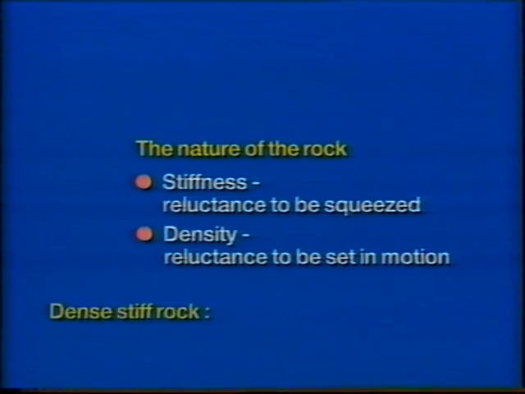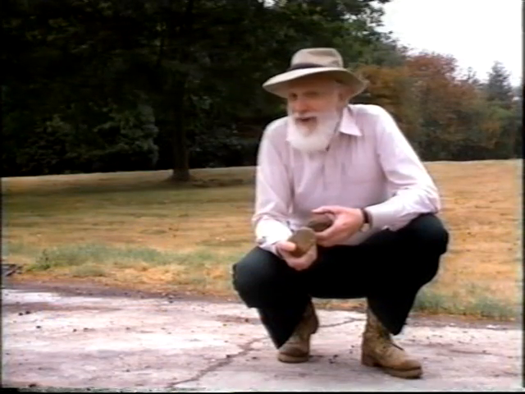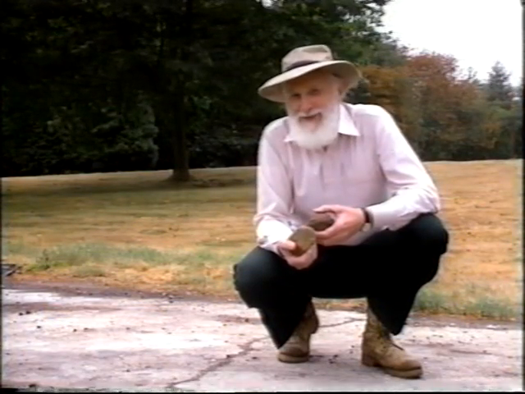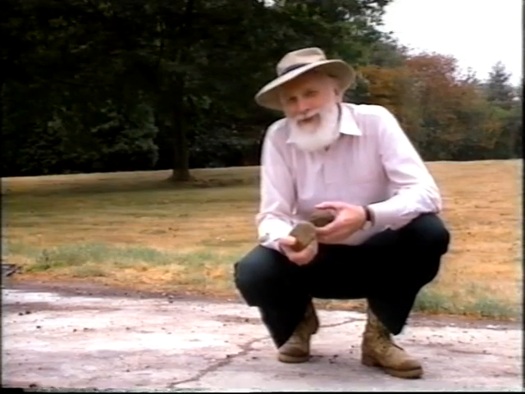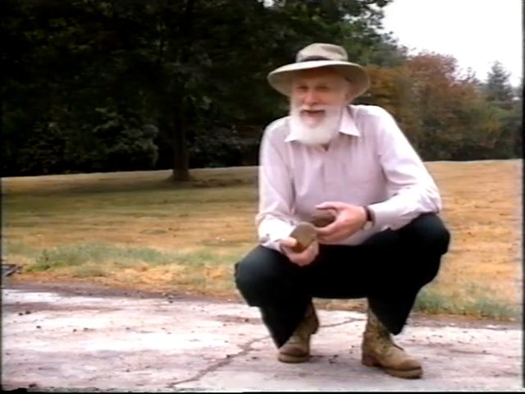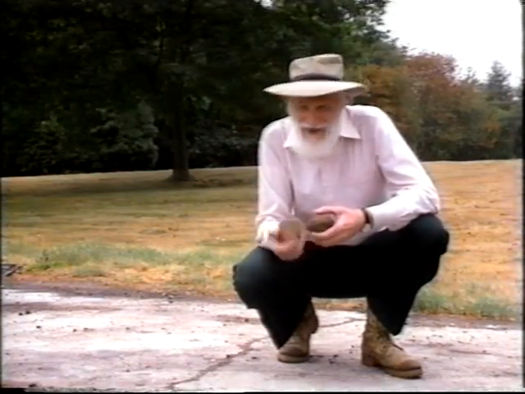So the particles in a dense, stiff rock are hard to get going. We say it has a large seismic resistance. Or a large acoustic impedance. That's the usual term. In seismics, the acoustic impedance is a very important property of the rocks, and we need to be totally comfortable with it.